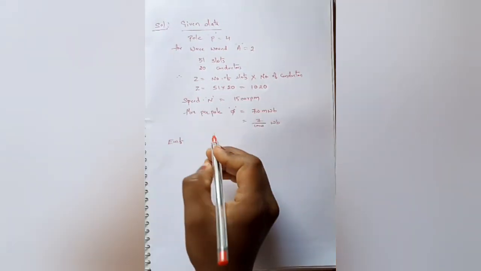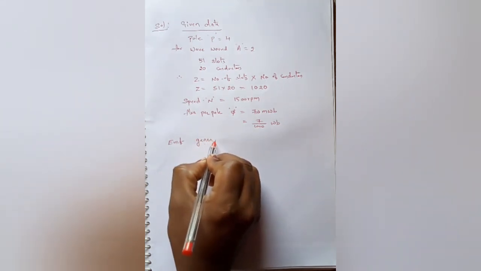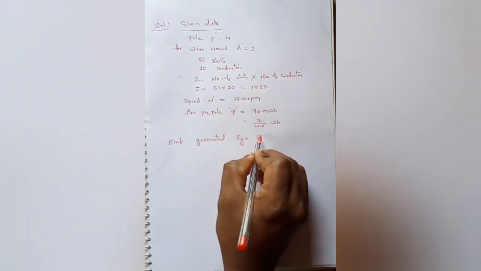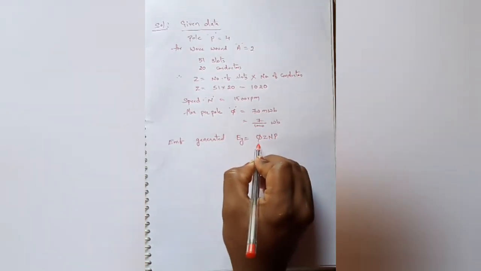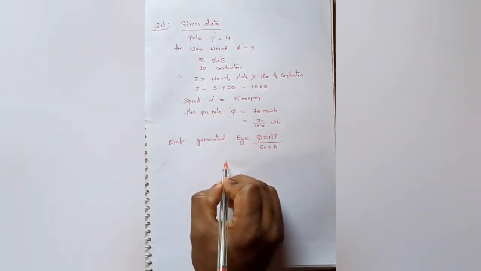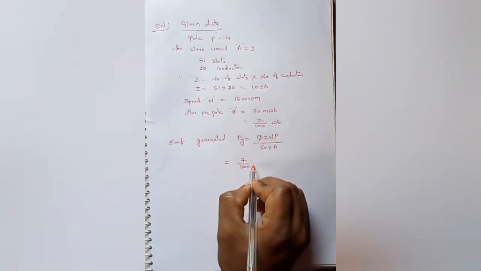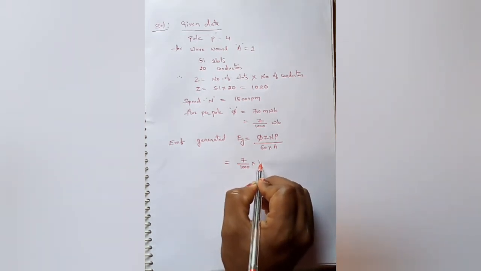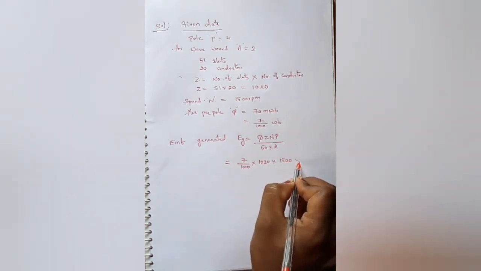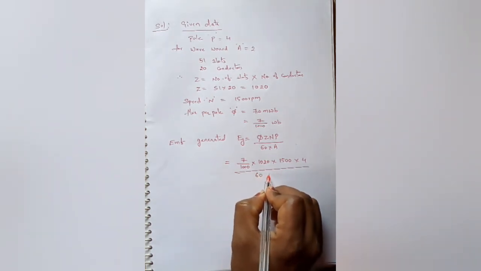The required equation, EMF generated Eg is equal to phi ZNP by 60 into A. Substituting the above values in this formula, we get 7 by 1000 into 1020 into 1500 into 4 by 60 into 2.